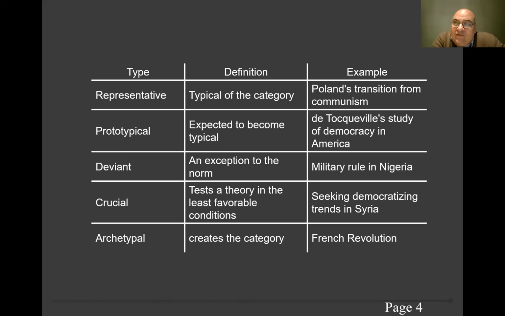Until last year, we thought that Tunisia was the deviant case because Egypt experienced a military coup. Libya, there is a civil war. Syria, there is a civil war. Lebanon is a failed state, okay? Only Tunisia seemed to be a successful case. And we were thinking that way until last year. It changed, of course, but it was the deviant case.